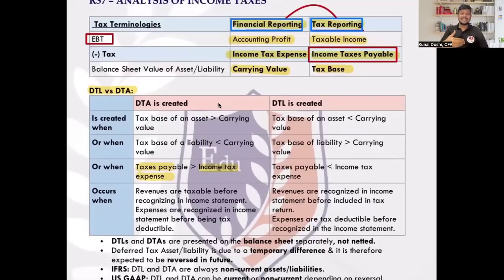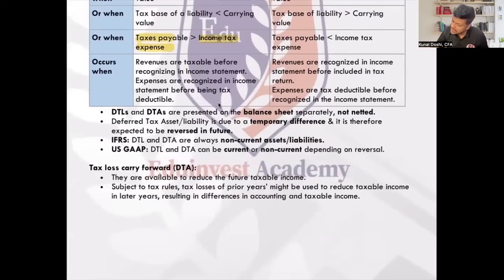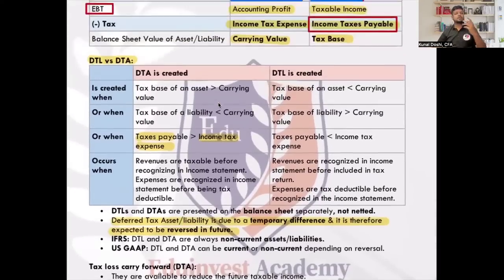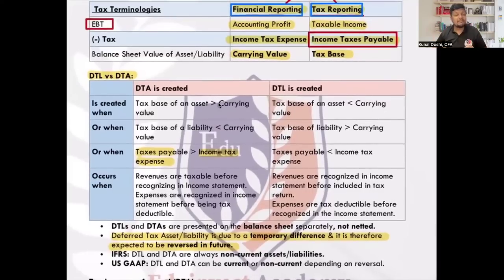If you pay more taxes now, as per the tax reporting, compared to the financial reporting, in the future you'll pay less, because this will all reverse. DTA or DTL is all temporary difference and it is expected to reverse in the future. That means if right now I've paid more taxes, in the future I'll pay less.